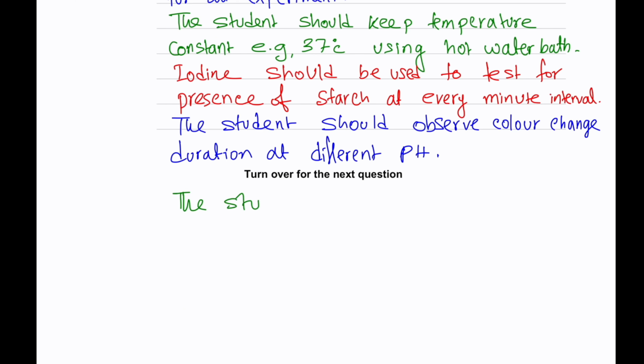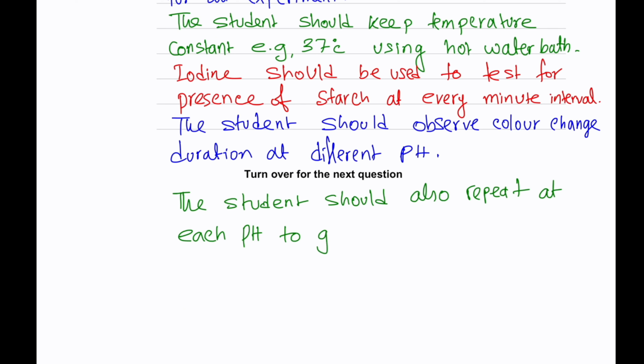We will repeat the experiment at each pH. Once we repeat the experiment at each pH, then we will get a clear understanding of how the enzyme is affected by the changes in pH. All right. So the answer can be written as follows.